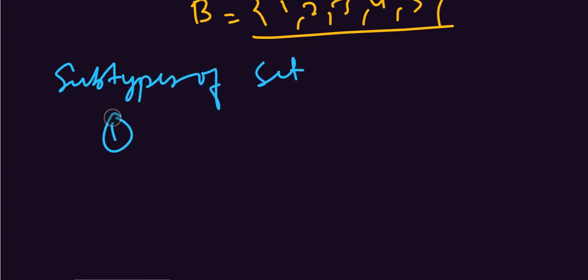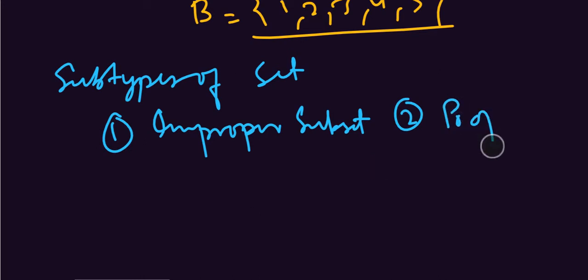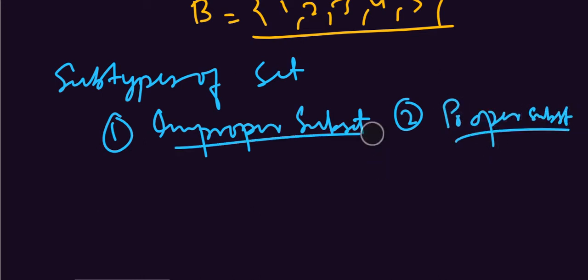There are two subtypes of subset, which are improper subset and proper subset.